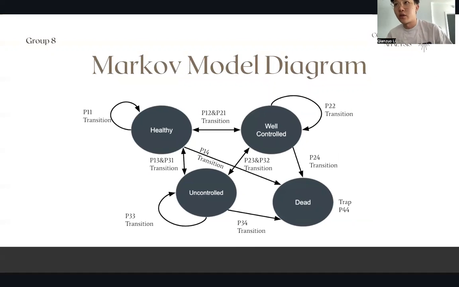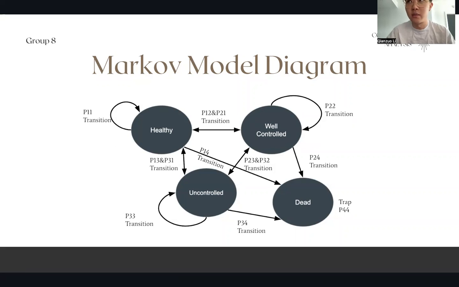As you can see, we have the four Markov states: healthy, well-controlled, uncontrolled, and dead. Our tracking state is dead. We land people in the uncontrolled state when they come into our model. Then we can start the new biologic.